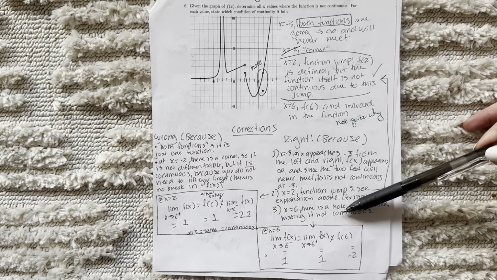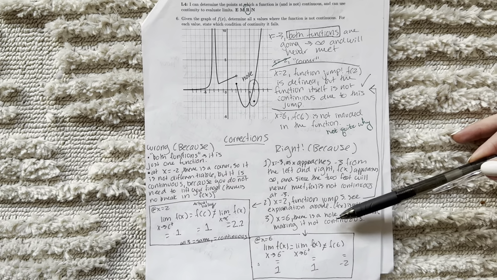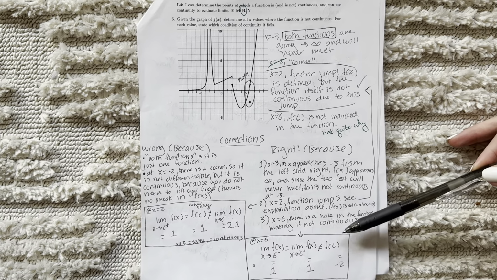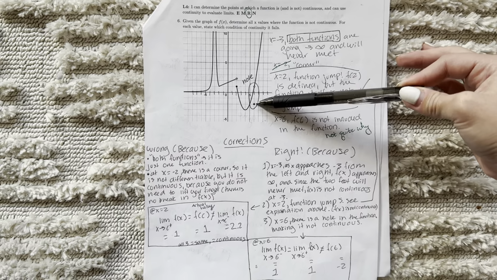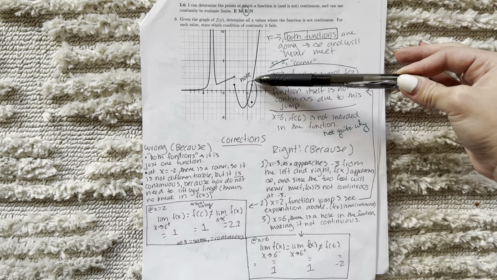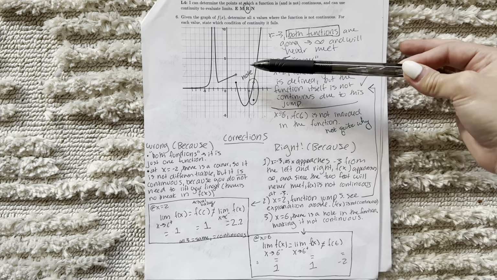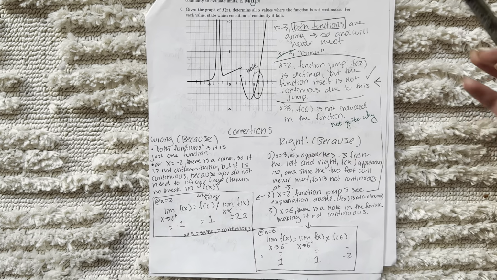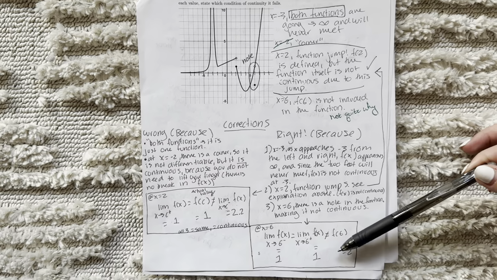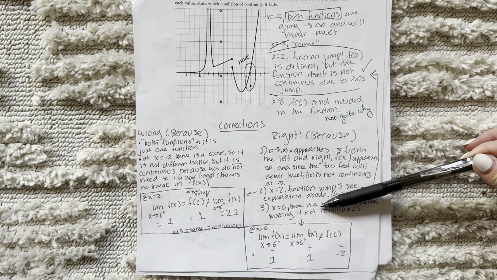And then the next point at which the function is not continuous is at x equals 6, which is right here. We can see as clear as day. I did label that there is a hole. So this is why it is not continuous. And here are the proofs for this one and this one.